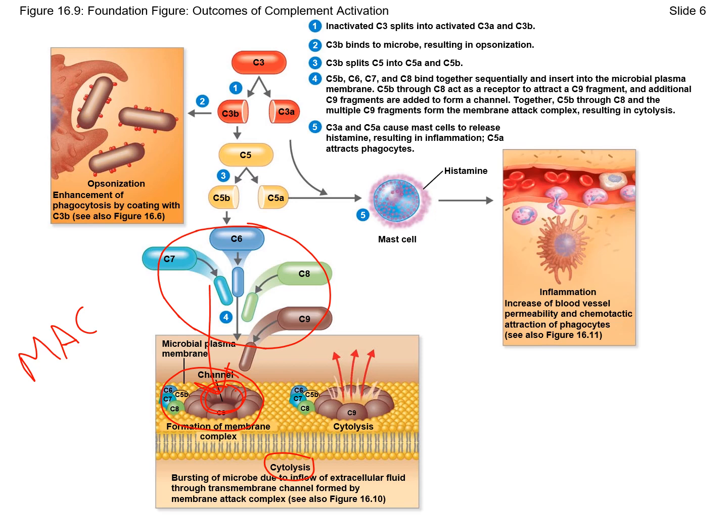They can create hundreds of pores in the microbe's membrane, and all the cytosol leaks out. And of course, that leads to lysis of the microbe and death of the microbe. So that's called MAC formation, membrane attack complex, and that's done by the activated complement proteins.